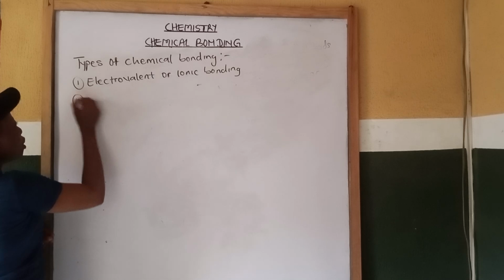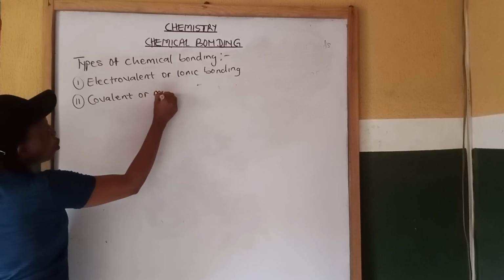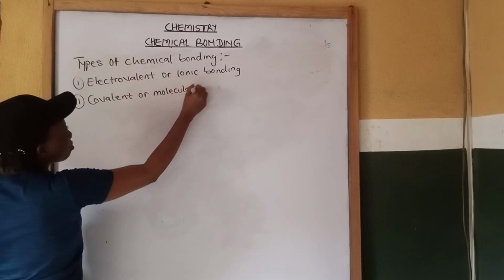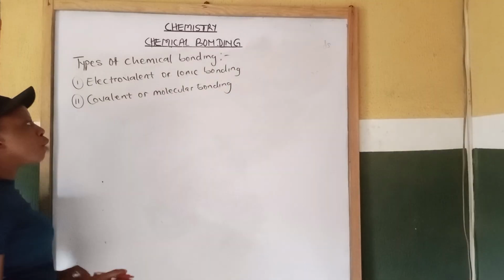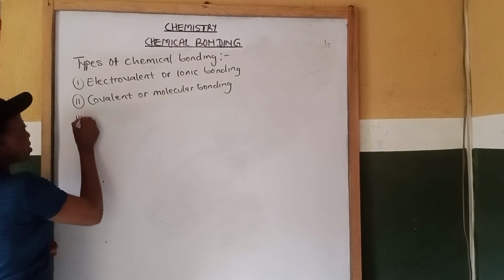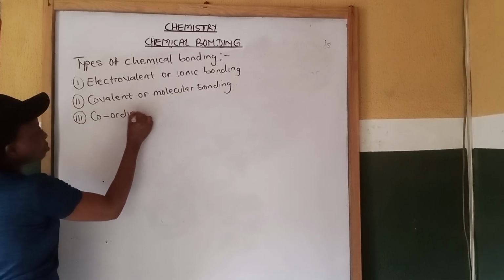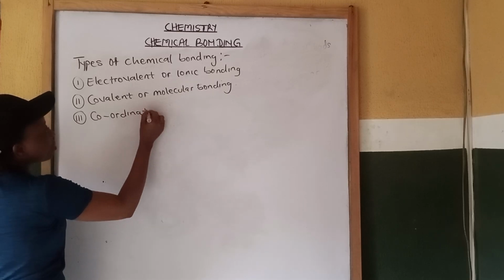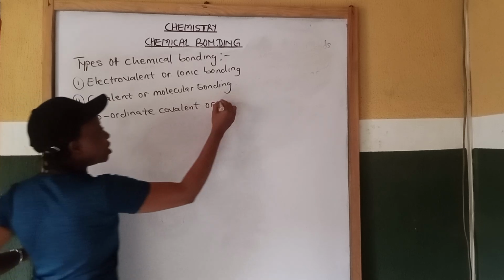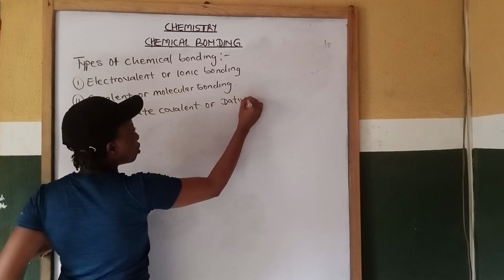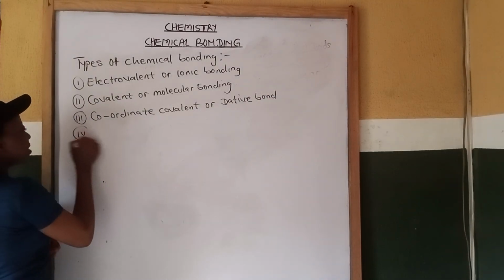Number two is covalent or molecular bonding. Then the third one is coordinate covalent or dative bonding. While the last one is metallic bonding.